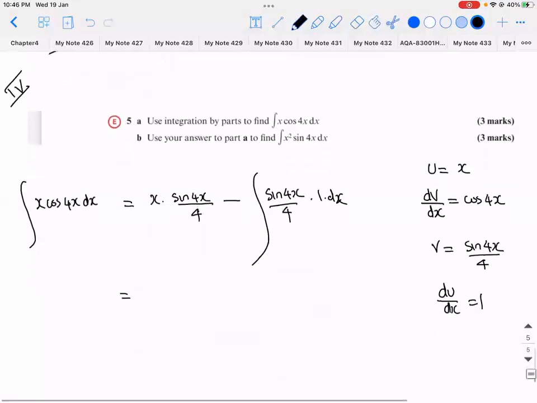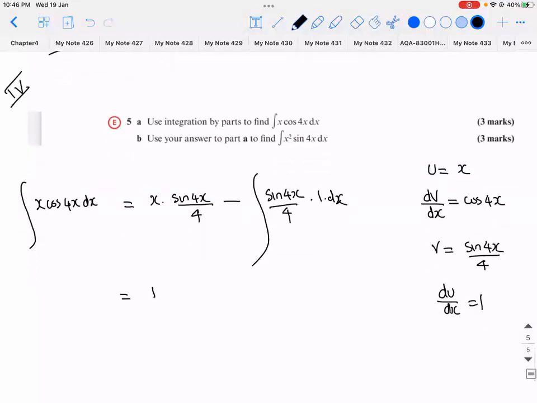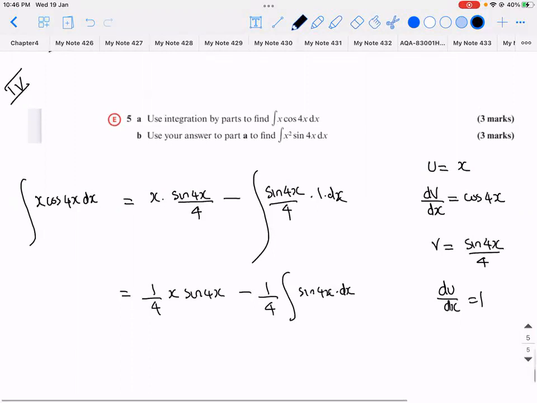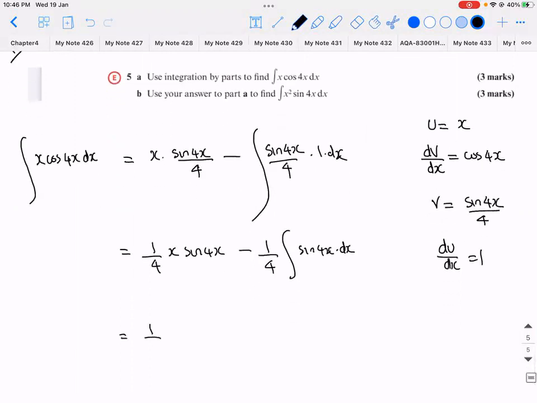So it becomes 1 over 4 x sine 4x minus 1 over 4, which is a constant, integral of sine 4x dx. What is the integral of this?